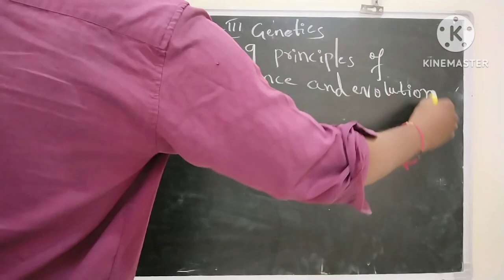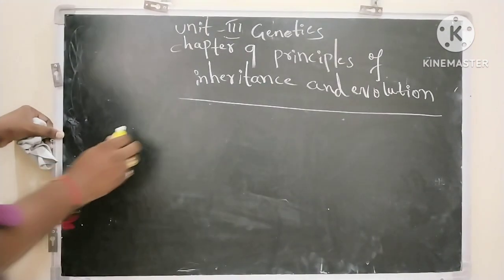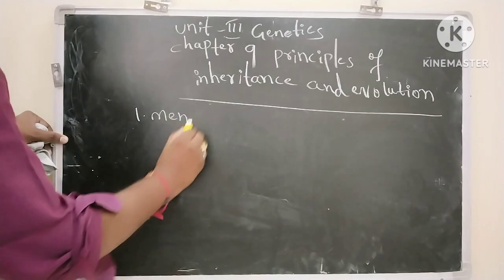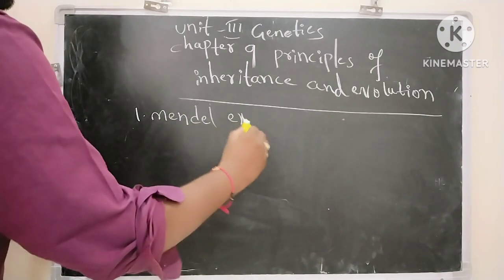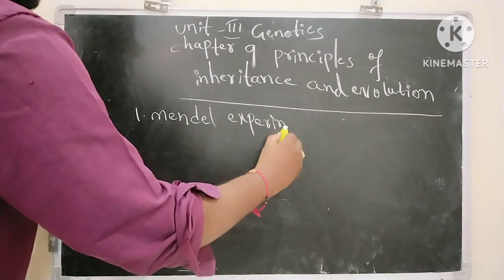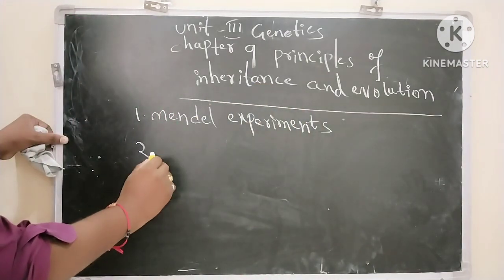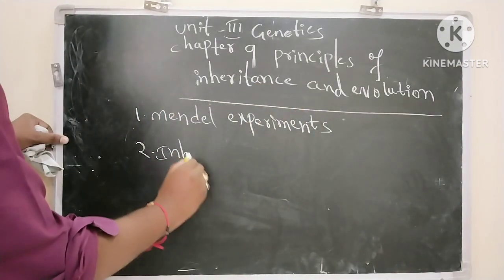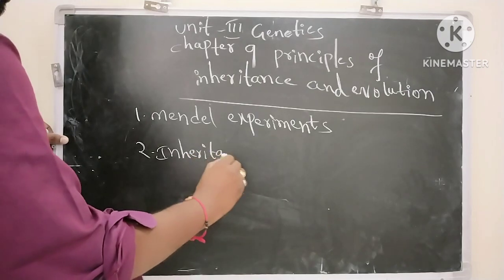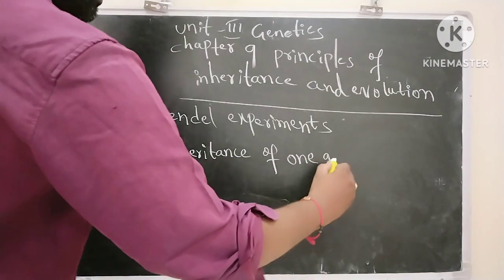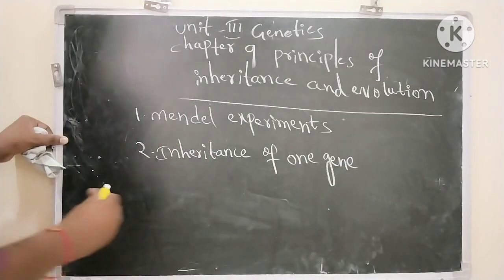In this chapter we are going to discuss these concepts. First one is Mendel's experiments. Second, inheritance of one gene, which means monohybrid cross.